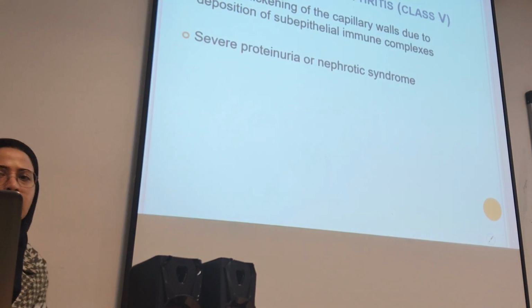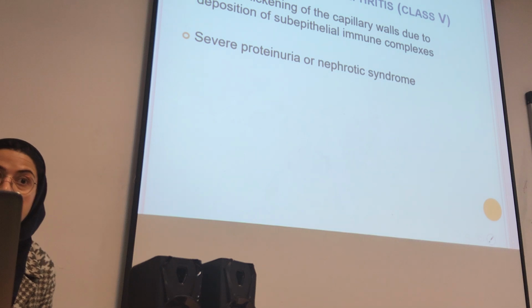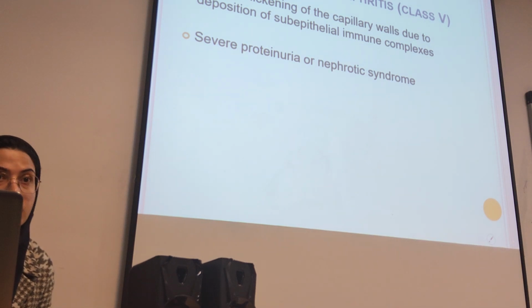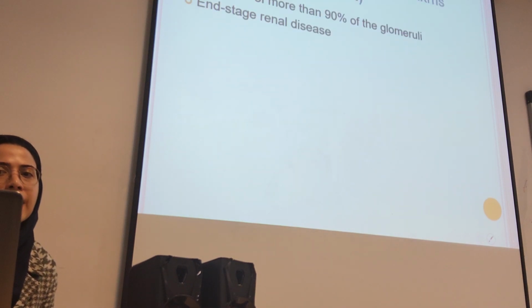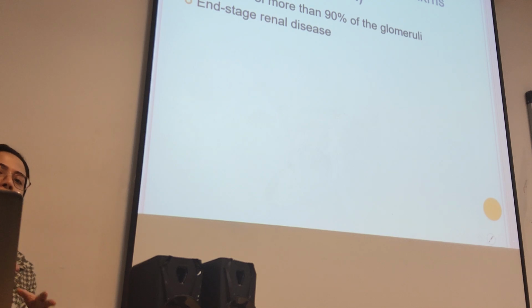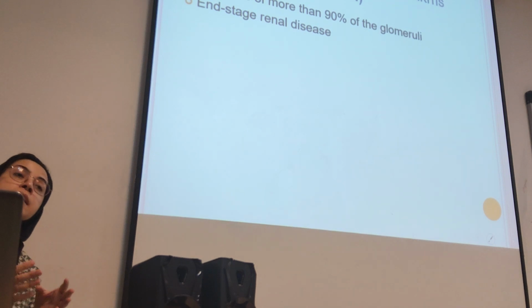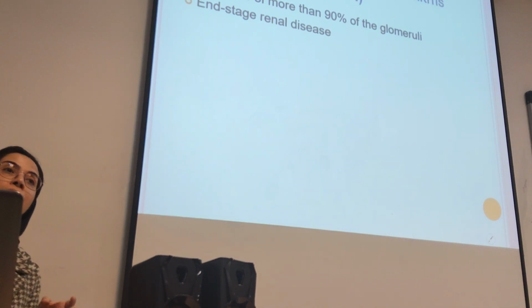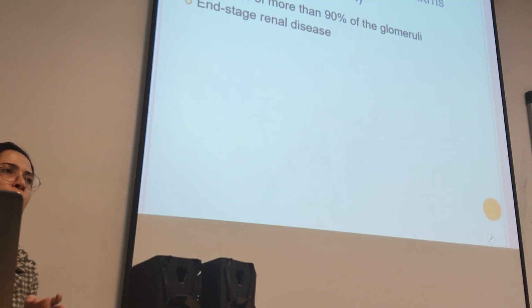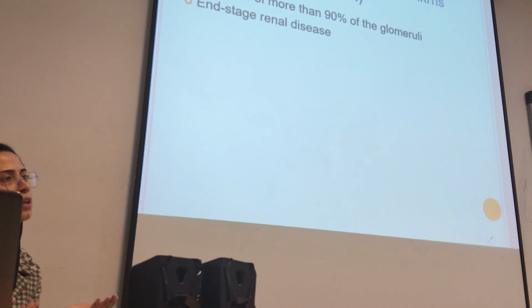And class 6 is the most severe one, in which we have advanced sclerosing lupus nephritis. We have sclerosis of more than 90% of glomeruli, and the kidney loses its function.